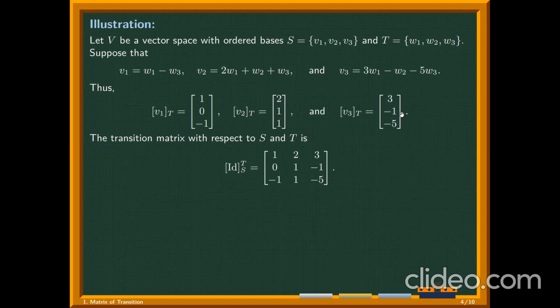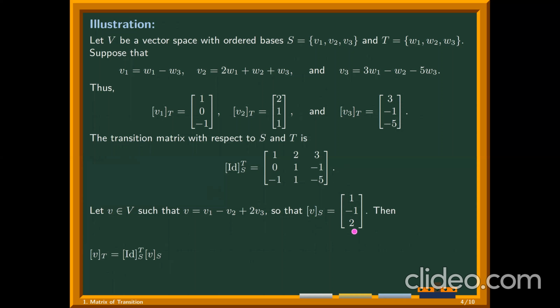Third column is the coordinate vector of V3, all with respect to T. Now, if V is a vector such that V is V1 minus V2 plus 2V3, meaning the coordinate vector of V with respect to S is 1, -1, 2, then the coordinates of V with respect to T can be obtained using this formula.